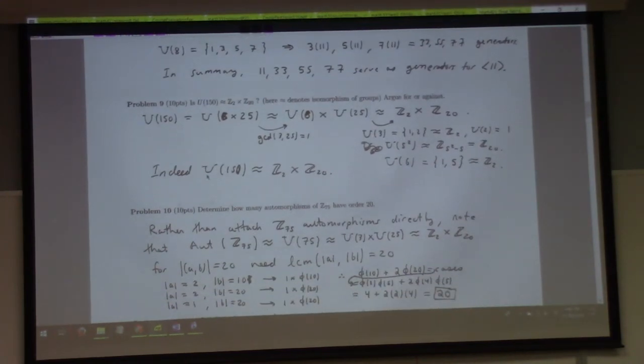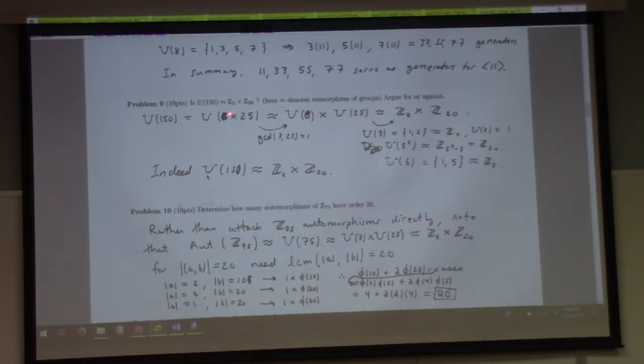Let's see here. U150 is isomorphic to Z2 cross Z20, question mark? All right, so 150 is 6 times 25.